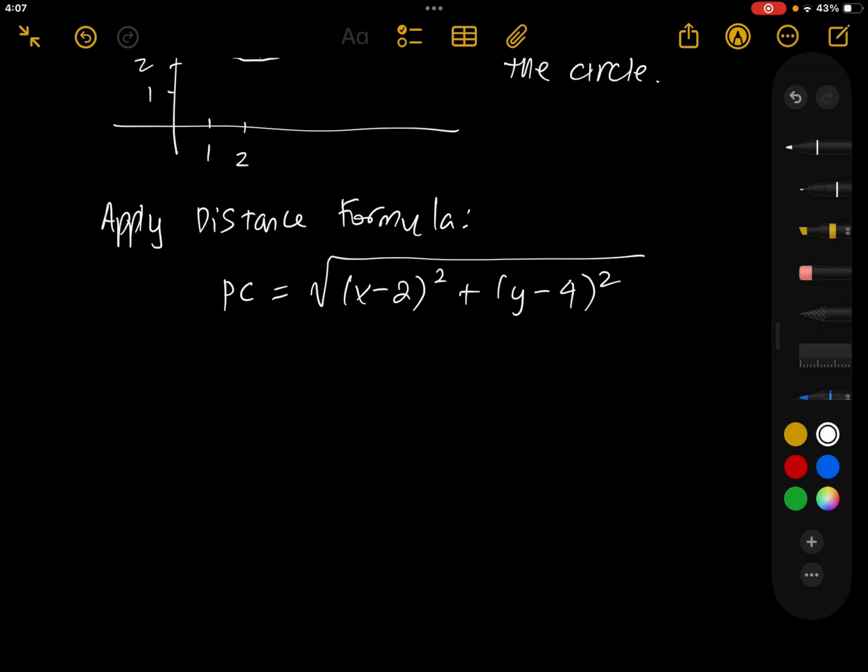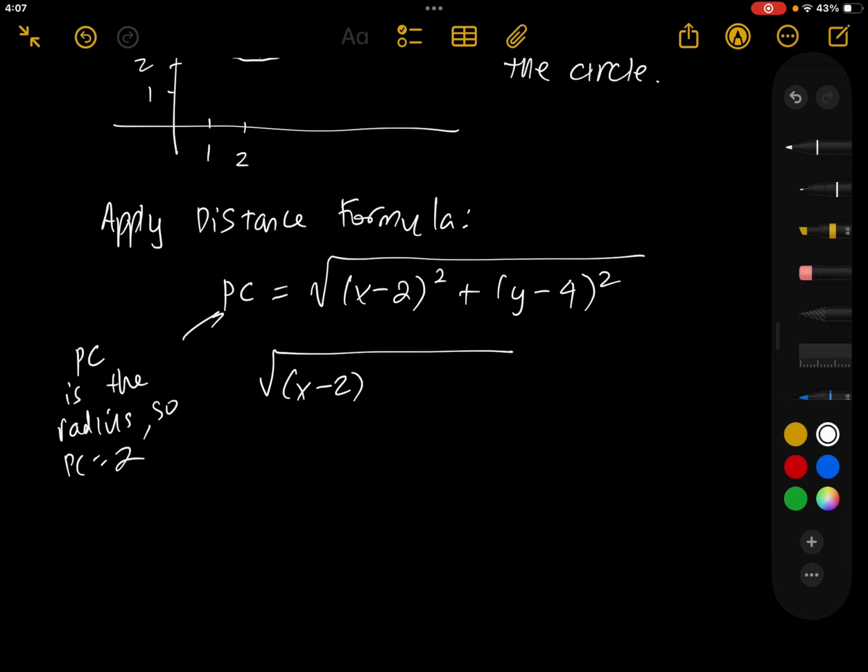Well, we know that PC is the radius, which is 2. So it's the square root of (x minus 2) squared plus (y minus 4) squared equals 2.